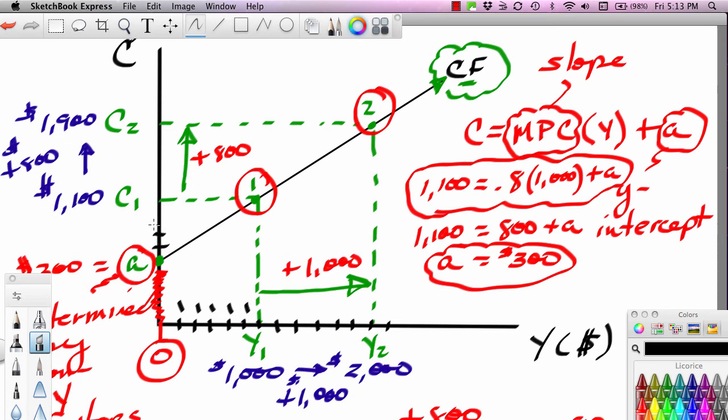We're not adding a dollar, we're adding less than a dollar. We're adding 0.8, 0.8, 0.8. So that's what slope is. Slope is rise 0.8 over run 1. So every time you add a dollar to the horizontal axis, you're adding 80 cents to the vertical axis. Which means that's the slope, and that slope is called MPC.